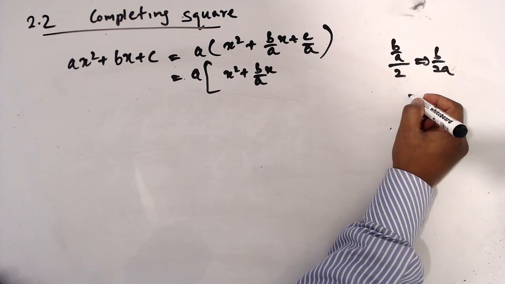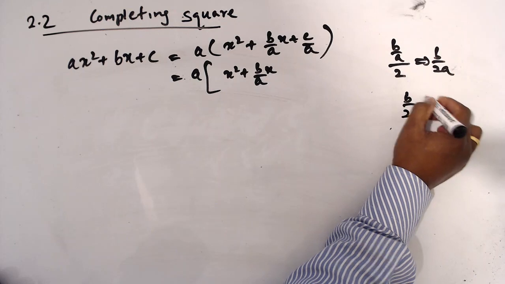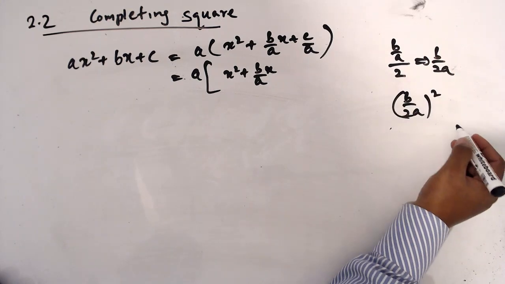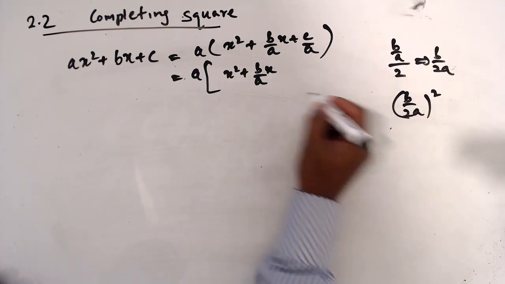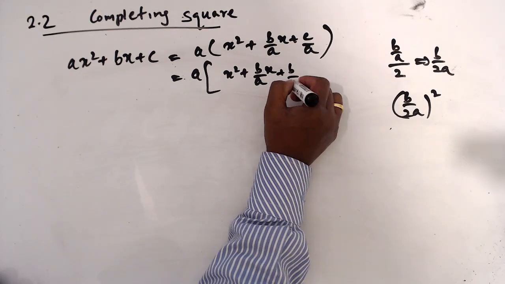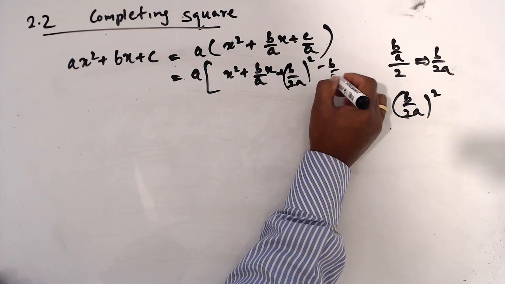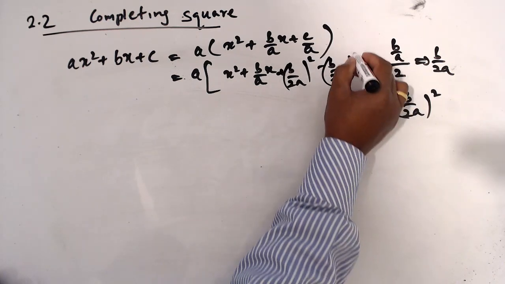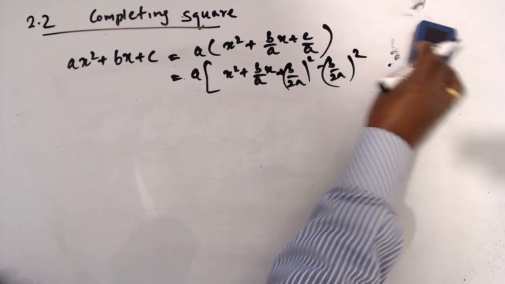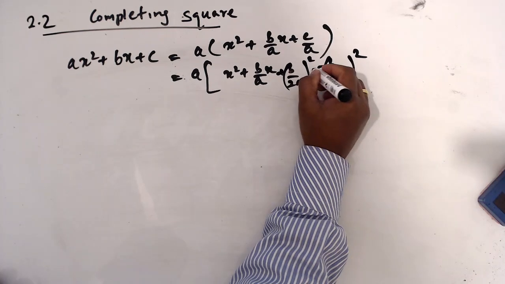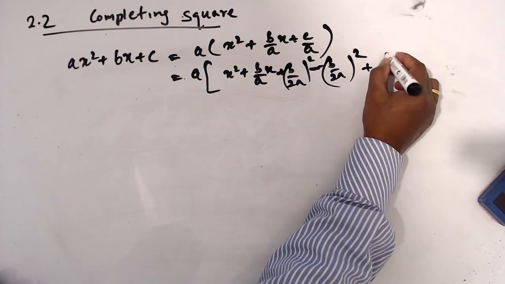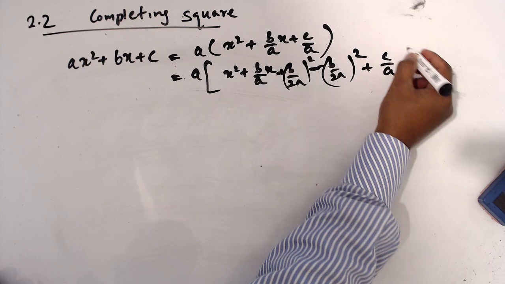Then I have to square this one, b over 2a square, right? Then I want to add b over 2a square and minus b over 2a square, and plus c over a. It is as it is.